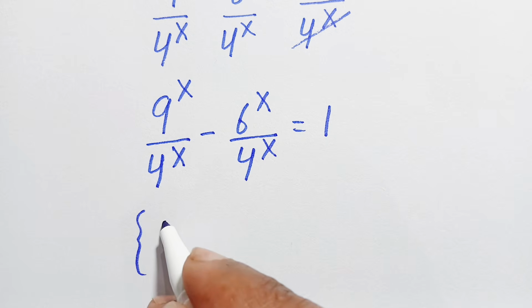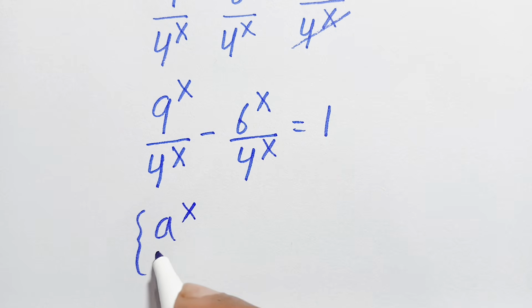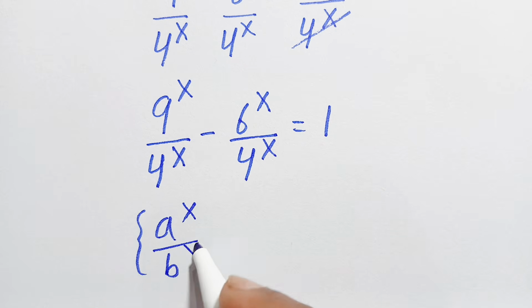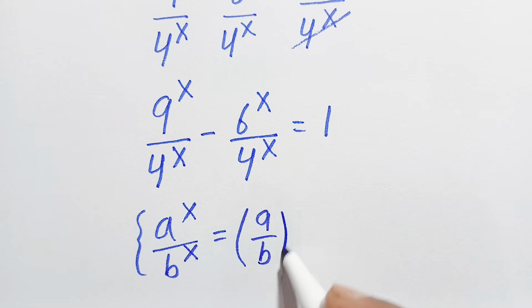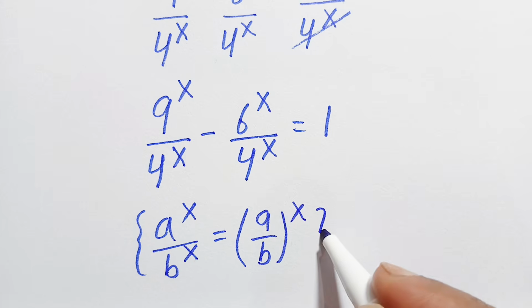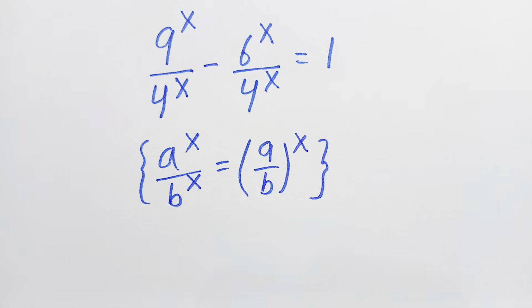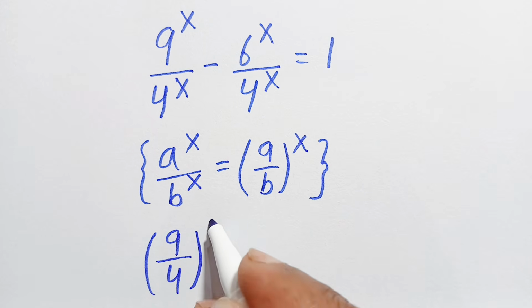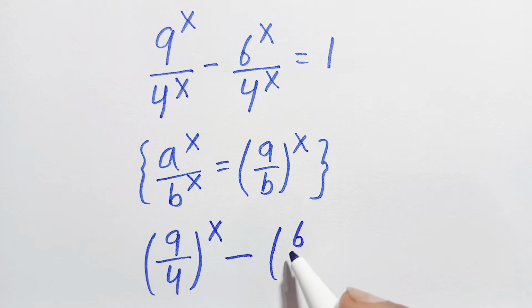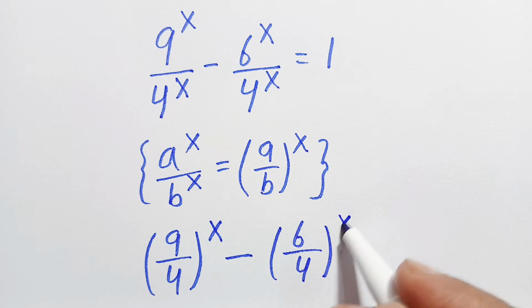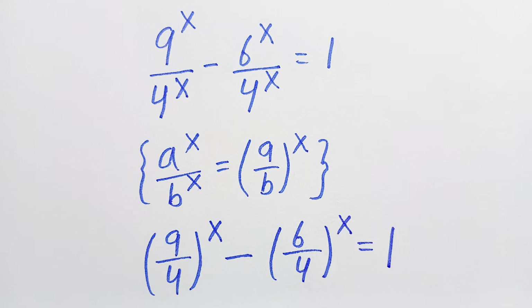Now this will be cancelled by this. Since a power x over b power x, we can write this as a by b whole power x. Therefore, we have 9 by 4 whole power x minus 6 by 4 whole power x is equal to 1.